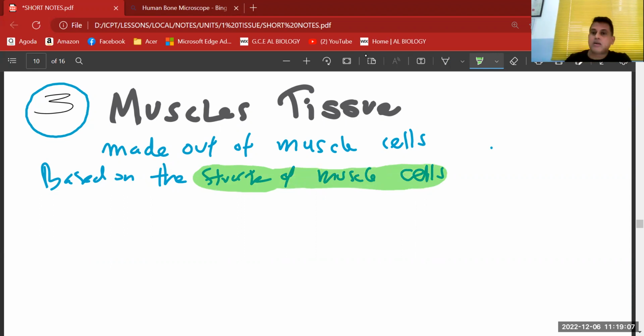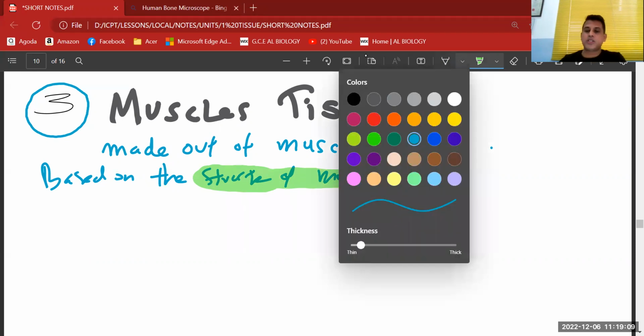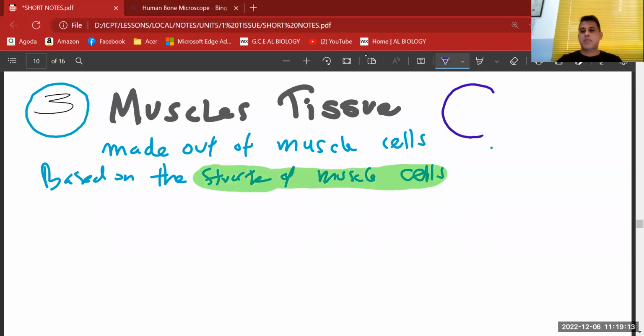Okay, so far you have a good impression about the cells. We draw a cell like this: cell membrane, nucleus, and then we can draw other structures like mitochondria, RER, Golgi, lysosome. We call it a typical cell.